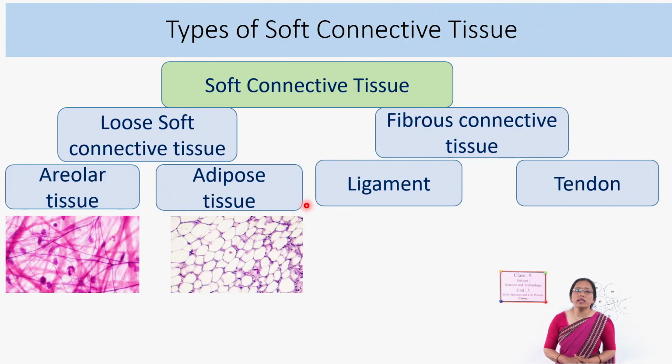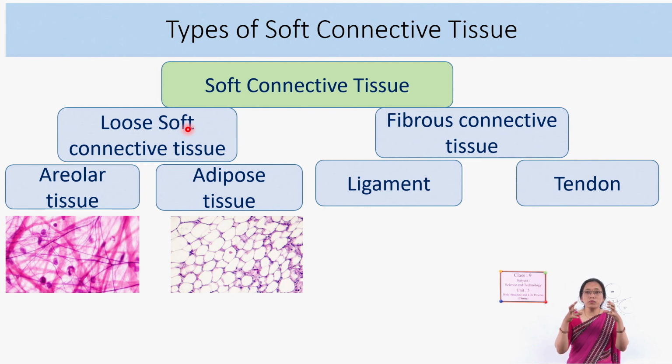Again, these soft connective tissues are classified into various types. Mainly, they are classified into two types, that is loose soft connective tissue and fibrous connective tissue. In loose soft connective tissue, the cells are loosely arranged.